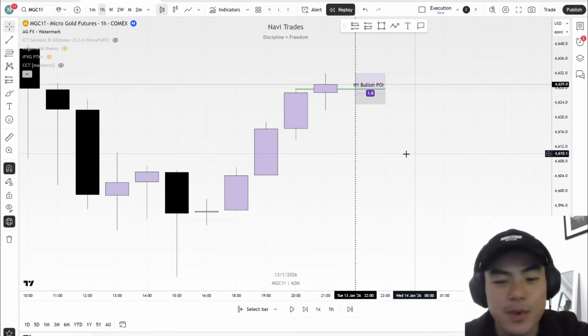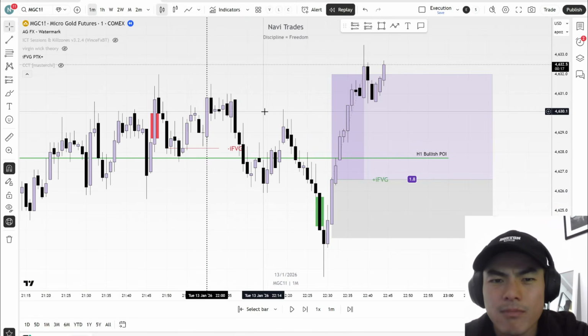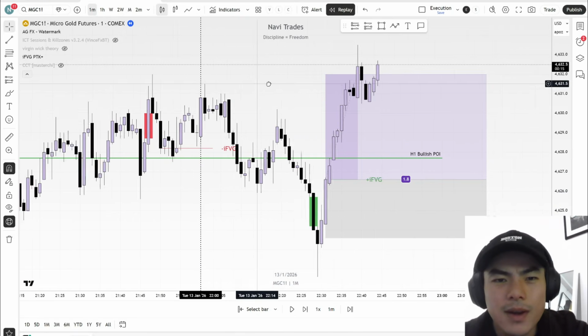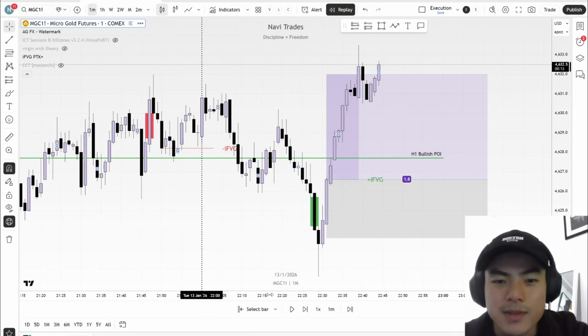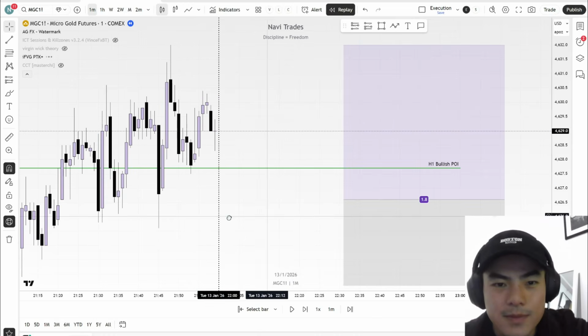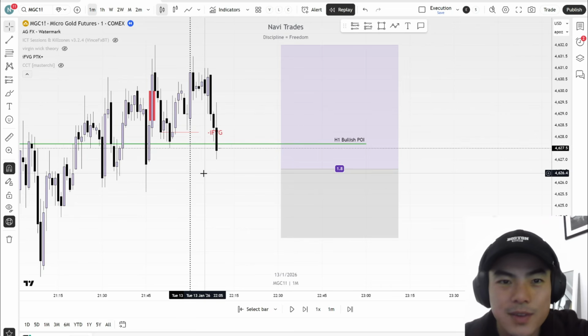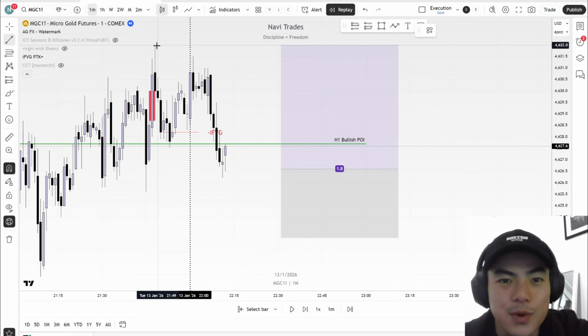So from 10 p.m., drop down to the 1 minute time frame. I don't know why it's done that. Let's go back here. Okay. So then from 10 p.m., you can look for the POI to get engaged. And here is your draw on liquidity.